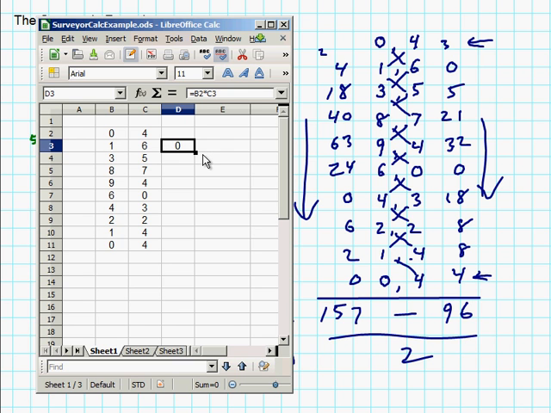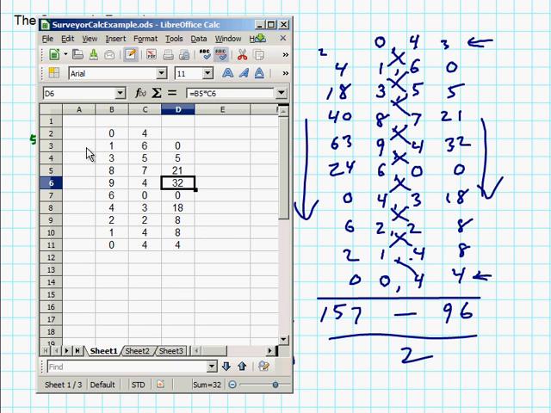Now here's the beauty of it. See this little box down in the corner, the little black dot? If I grab that and pull it down, there. Each one of these, in relative terms, is going to be this number times this number. So this is B5 and this is C6. And up here it says B5 times C6, and so forth.